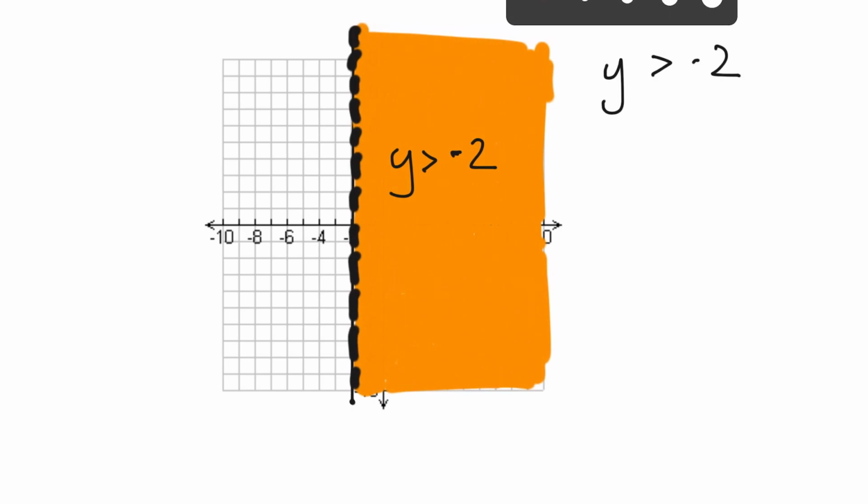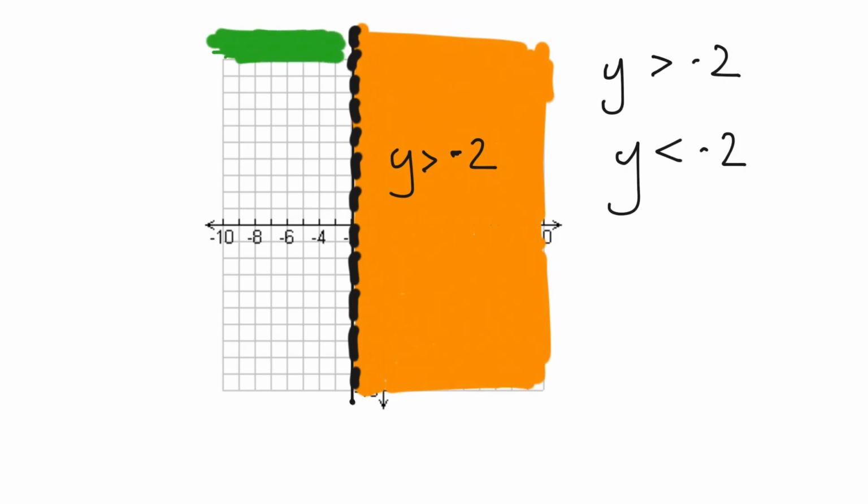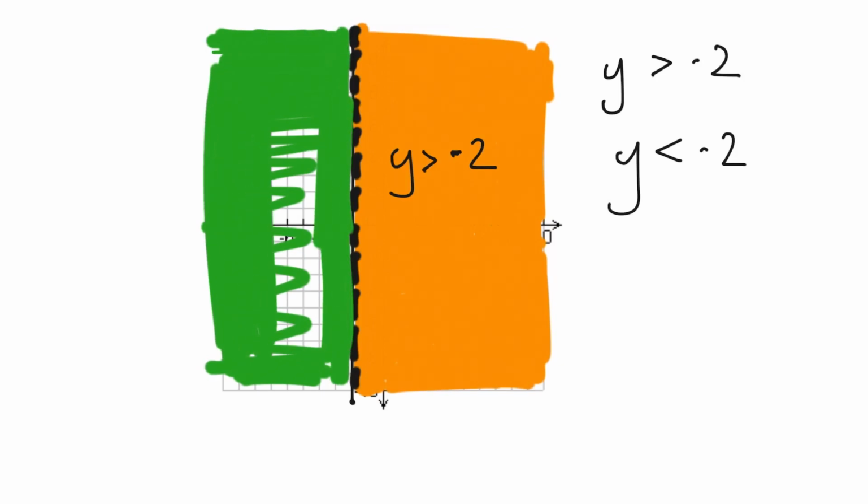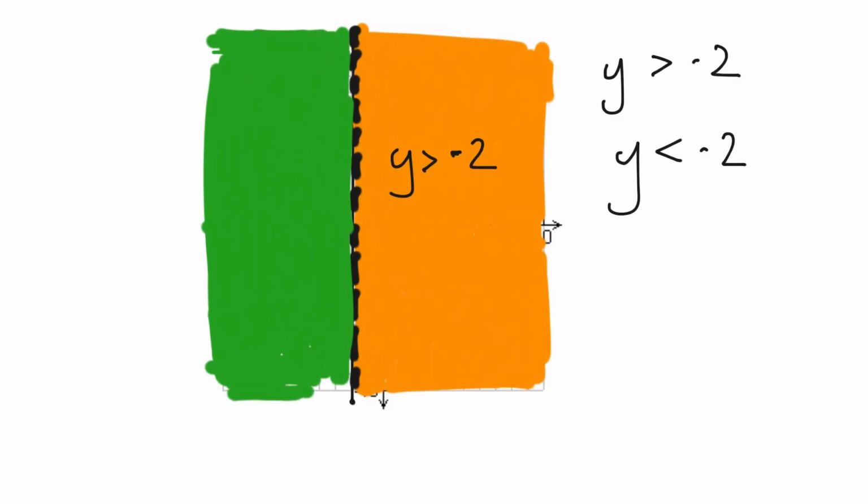Then again, if the question was y is less than -2, then you would do the same, but you will want it on the opposite side of this line. So the green portion here is y less than -2.